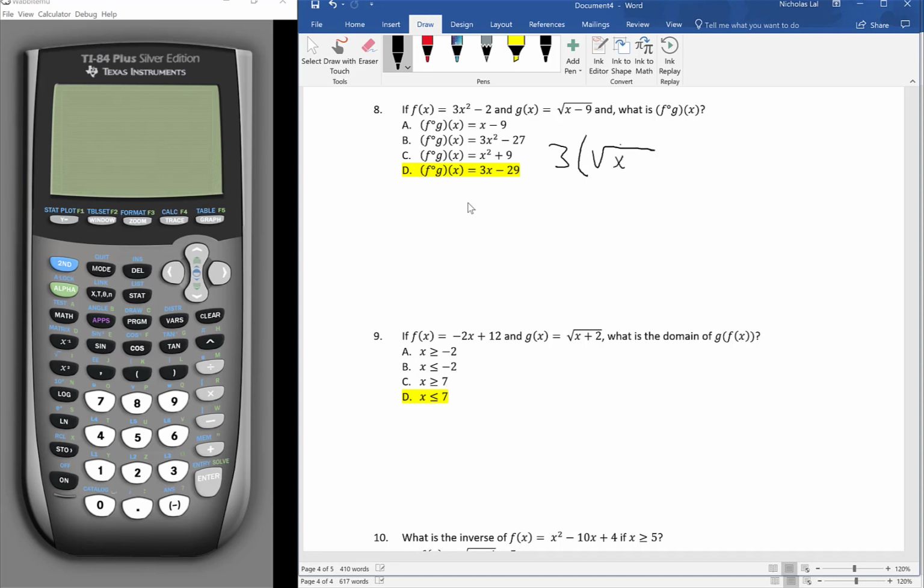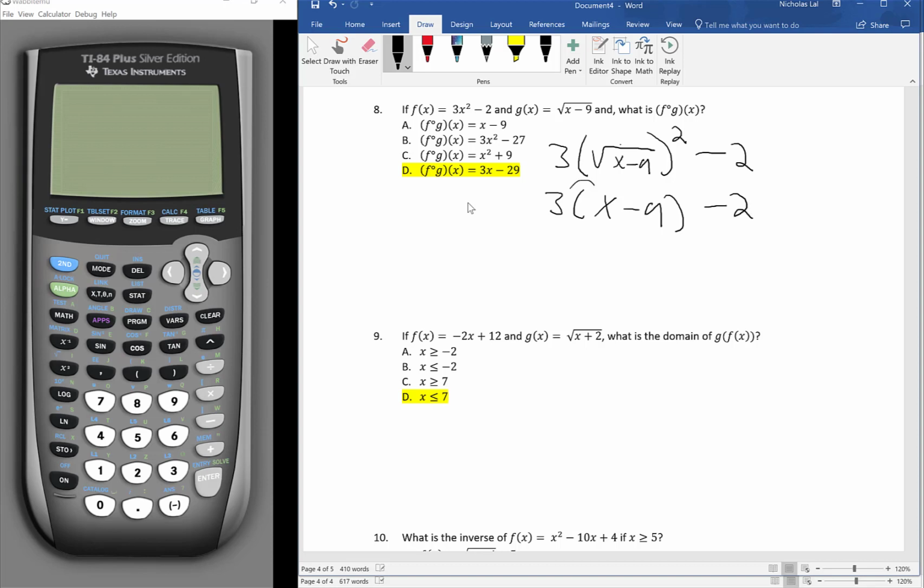So we're going to have 3 times the parentheses of the square root of x minus 9, squared, minus 2. So order of operations, we're going to have to square what's in the parentheses. So we become 3 times x minus 9 minus 2.